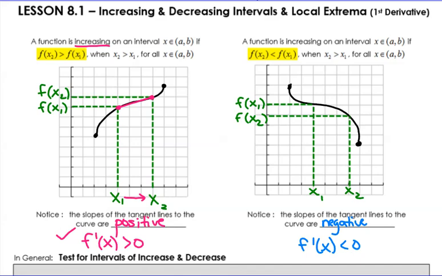Now going into the opposite, which is decreasing. You're starting at a point on the original function, going towards another point a little bit to the right. If it goes down, then that means that you have a negative slope. Your first derivative is less than 0. If you have a first derivative less than 0, then that means that your function is decreasing within that region.